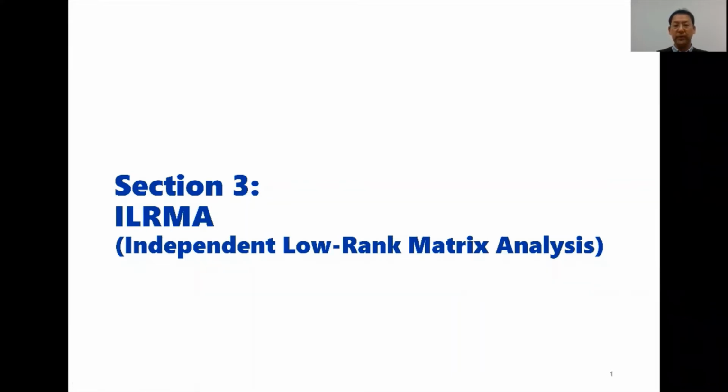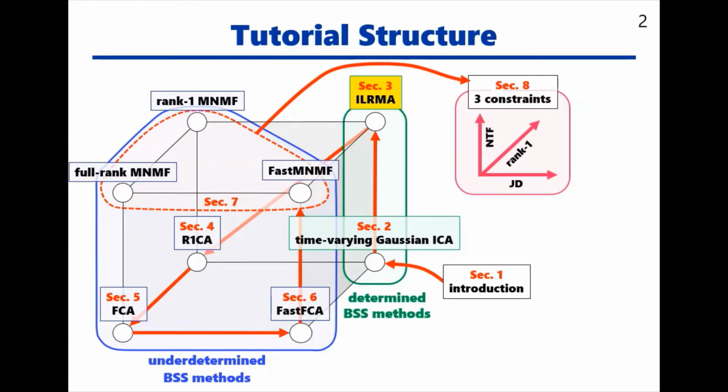This video clip starts in section 3, ILRMA, Independent Low-Rank Matrix Analysis. In this picture of the tutorial structure, this section is located here, colored in yellow, and in the determined BSS methods, colored in green.